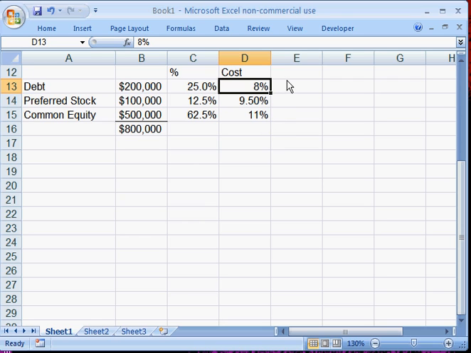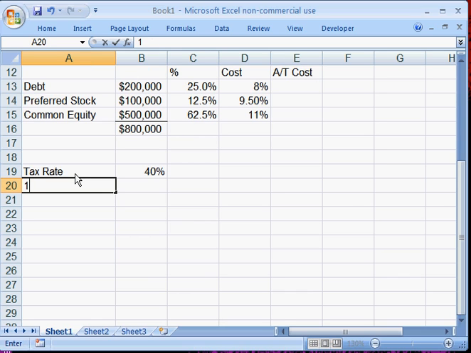So 1 minus the tax rate, and you'll see this in your book, 1 minus T is 60%. Because of the deduction on the cost of debt, it really only costs you 60%. So our after-tax cost is going to equal the 8%, which I just gave you, don't worry about where it comes from right now, multiplied by 1 minus the tax rate, or the 60%. And so the cost of debt is only 4.8%.